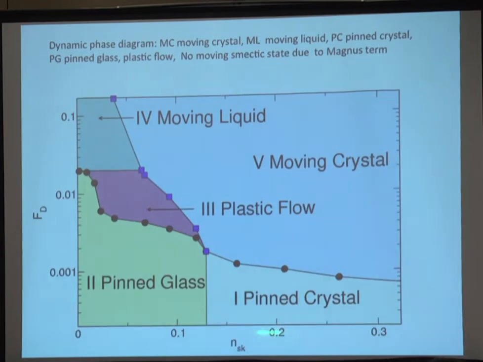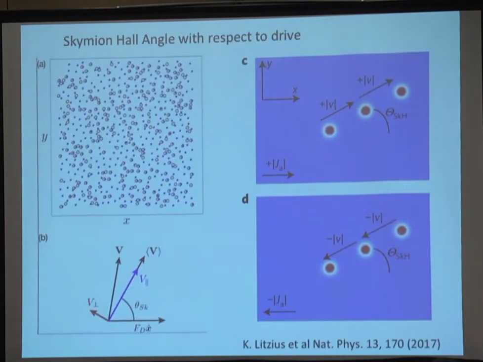You can also look at this as a function of skyrmion density. At low density, the skyrmions are far apart, and the interactions don't matter so much. You go to a glass phase, and when you increase the number of skyrmions, they start strongly interacting with each other, they want to form a crystal phase, and then at higher drives, you have the moving lattice phase.